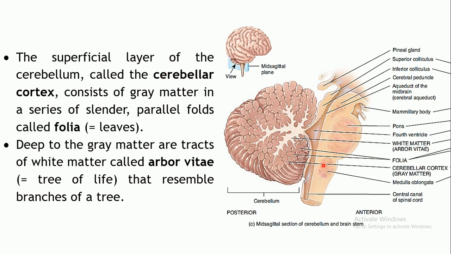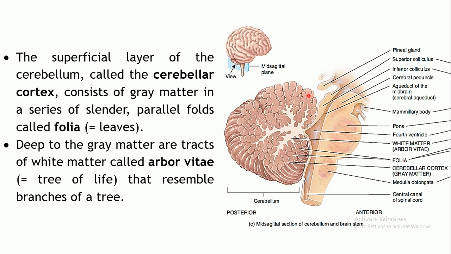Now, if you look at the mid-sagittal plane of the cerebellum, you can see two distinct areas. The outer region, which is mainly made up of grey matter, comprises cell bodies, unmyelinated axons and dendrites.